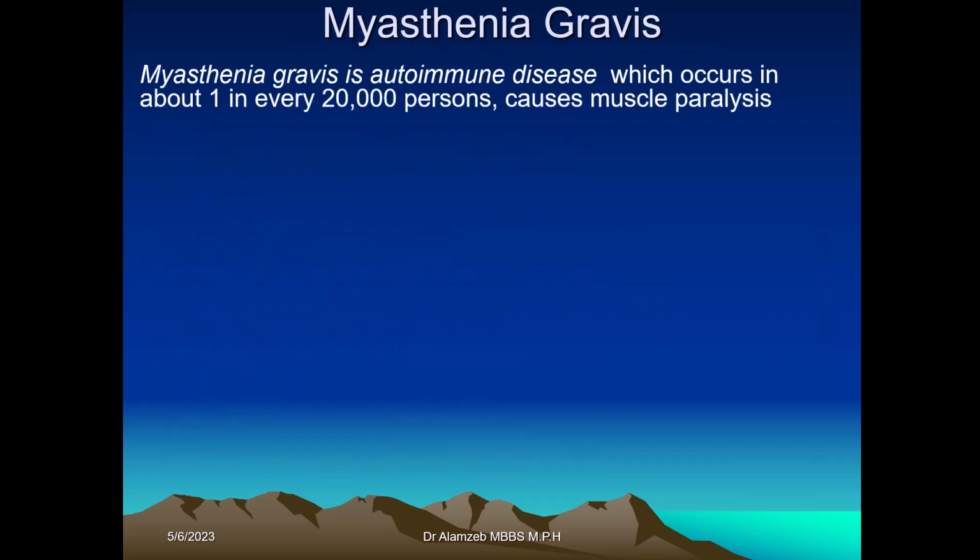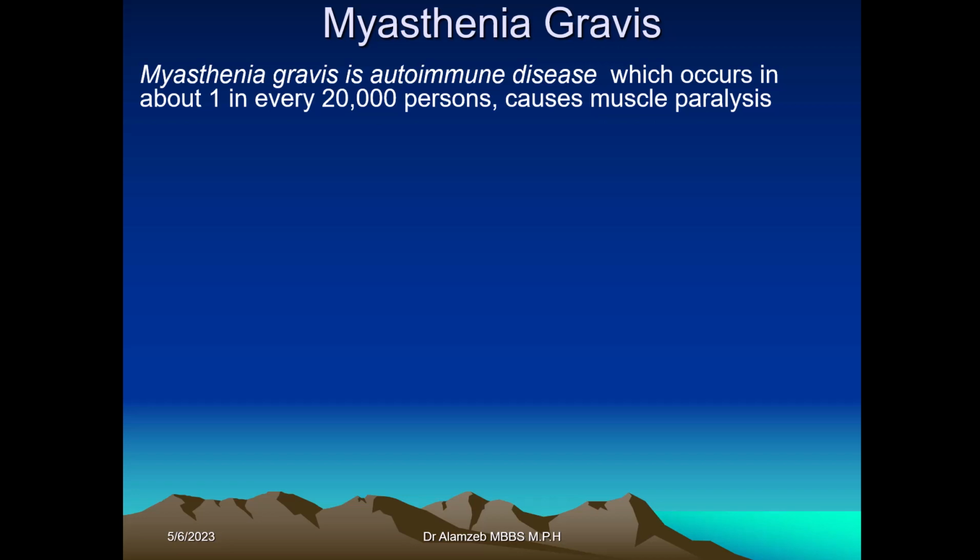Now, myasthenia gravis. As we discussed early, in the first slide or in the definition of the neuromuscular junction, abnormality of the neuromuscular junction, diseases, toxins, and drugs can alter its function.